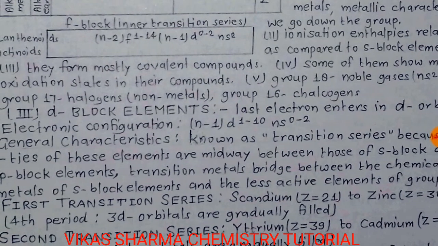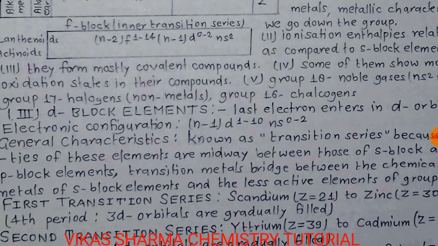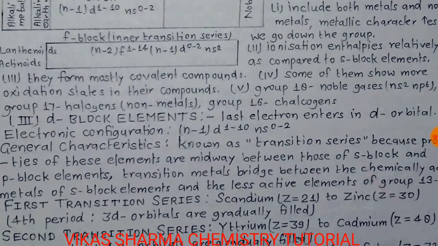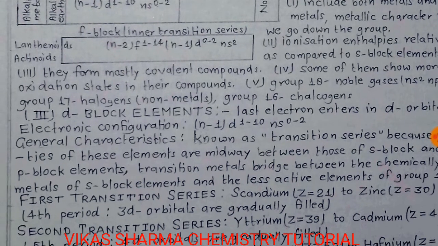Student, the next topic is D block elements. When the last electron enters the D orbital, the electronic configuration is (n-1)d1 to 10 ns0 to 2, meaning the S orbital has 0 to 2 electrons maximum, and the last electron goes into the n-1 shell, meaning the principal quantum number one less shell.